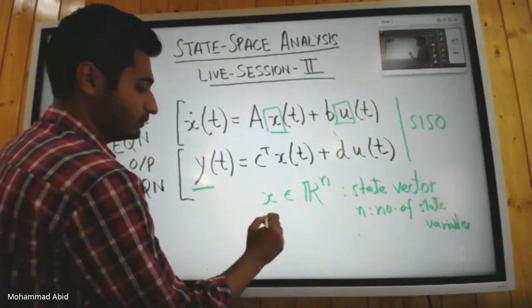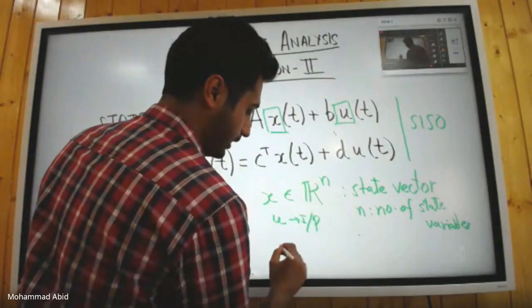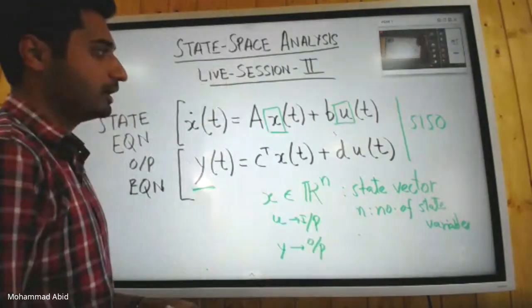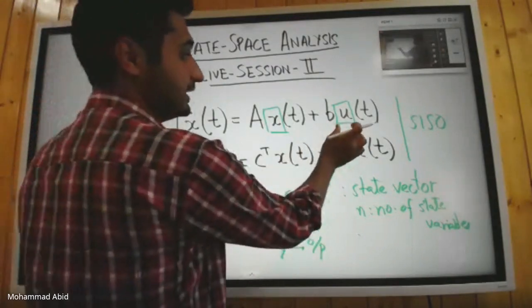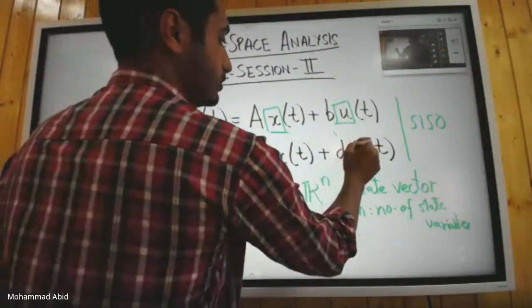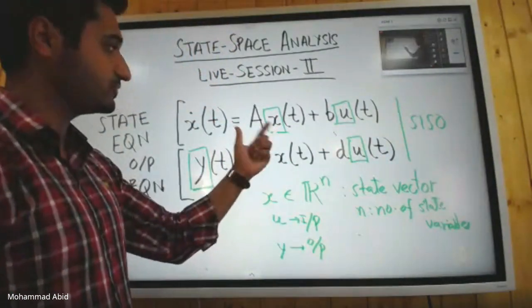Similarly, y is the output, u is the input, and y I have assumed to be the output. Okay. So for single input, single output, this is just a single entry, and this is also just a single entry. This is also your input. So just focus on the first equation. What does the first equation tell you?